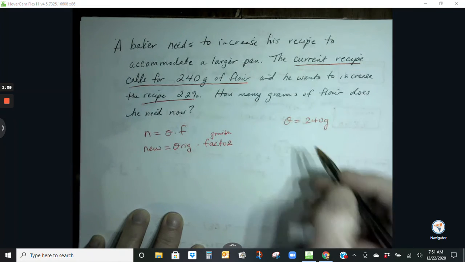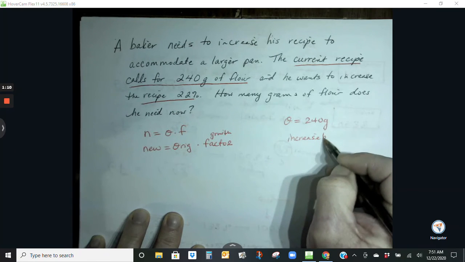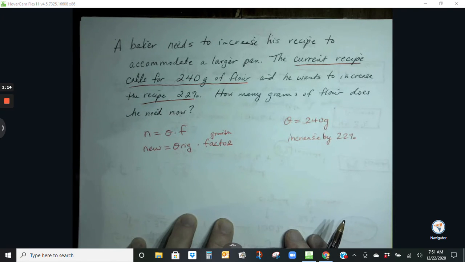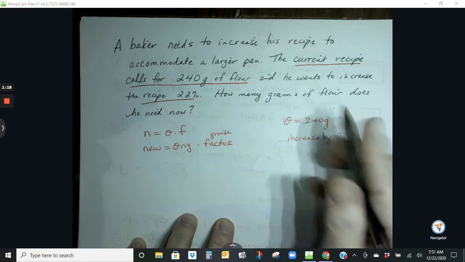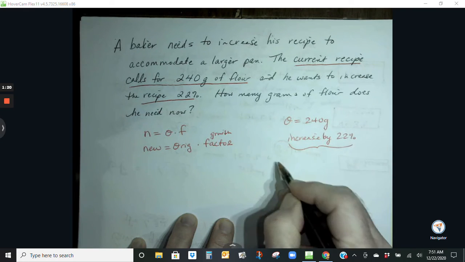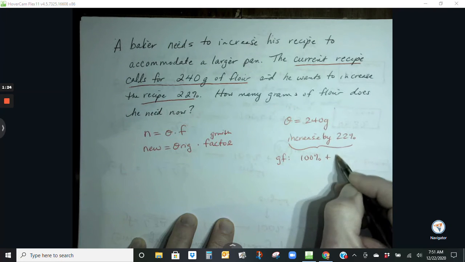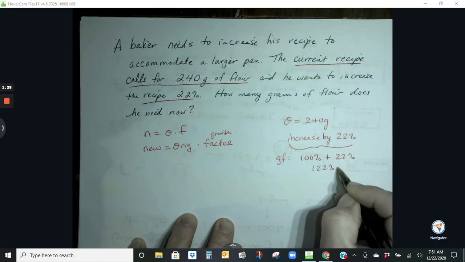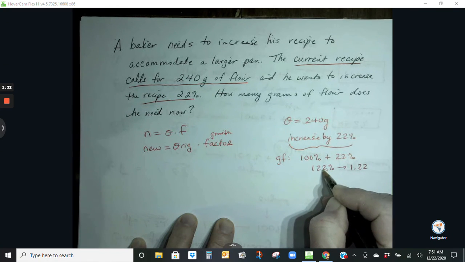So we want to increase by 22%. That is not our growth factor. Okay? That's in addition to the original. So we know that our growth factor is 100% plus 22%, or 122%, and then we have to make that 1.22 by moving the decimal.